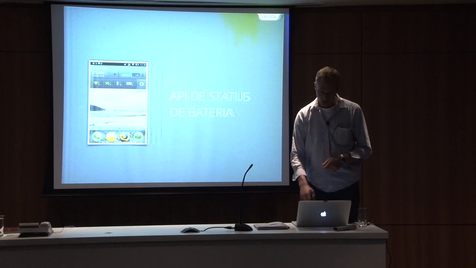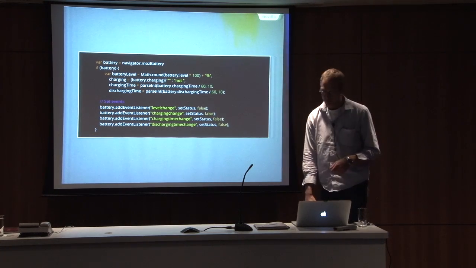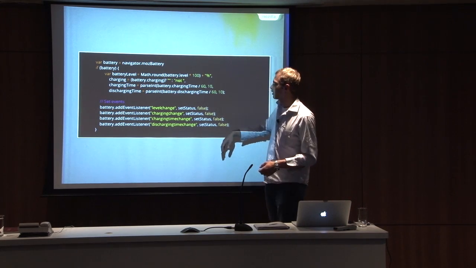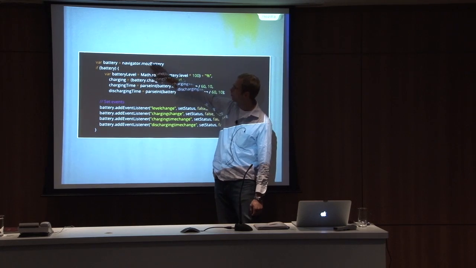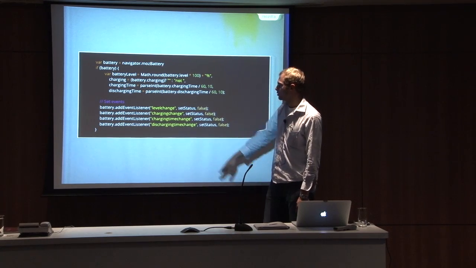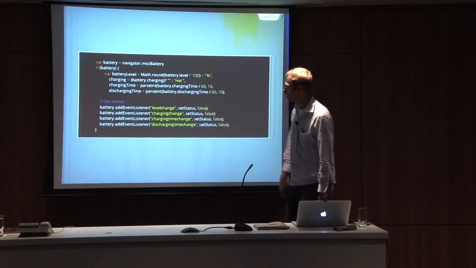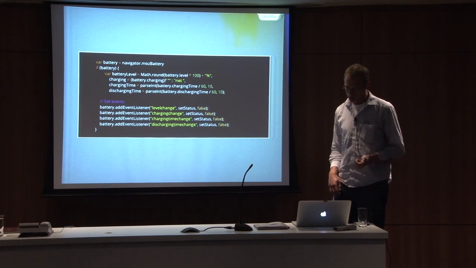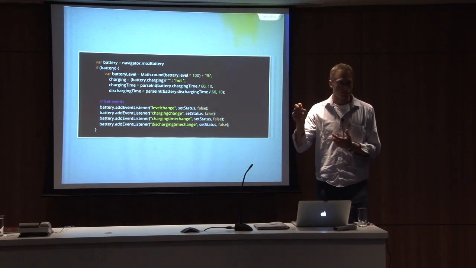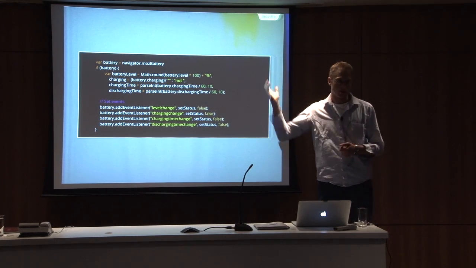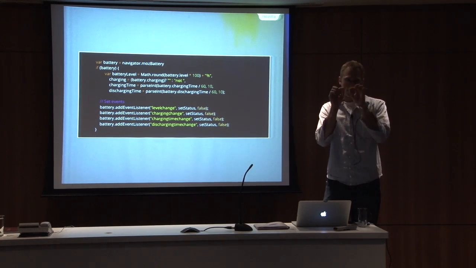Another interesting API is, for instance, the battery API. Again, much like all the other APIs, it's available on the Navigator object, and you have all these different event listeners, level change and charging status change and stuff. The status bar in Boot2Gecko, in FirefoxOS right now, is implemented that way. It just listens to these changes and then displays different kinds of icons.